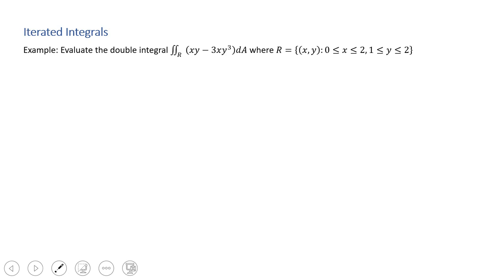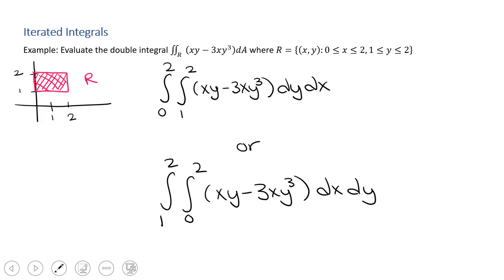So the problem says, evaluate the double integral of xy minus 3xy to the third dA over the region R. So we have this surface, that's what's inside my integral. The function that we're integrating is our surface, and we're integrating it over this region where x varies from 0 to 2 and y goes from 1 to 2.